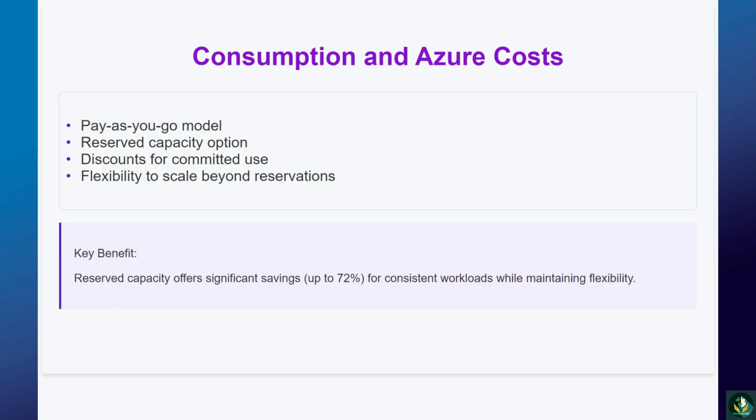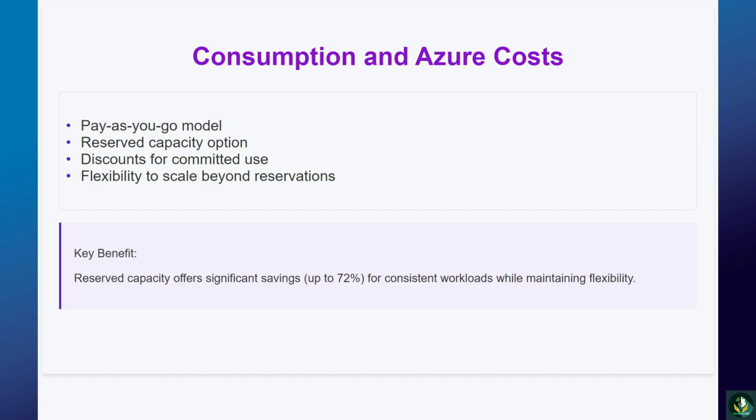Reserved capacity is available for a wide range of Azure services, including databases, compute resources, and storage solutions. When you opt for reserved capacity, you're typically committing to a usage level for a period of 1 or 3 years. This commitment allows Azure to optimize its resource allocation, passing the savings on to you.